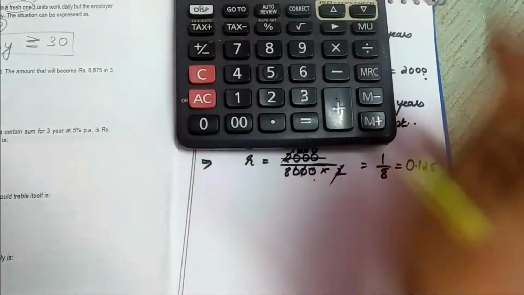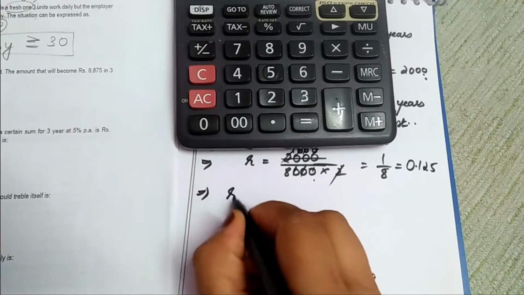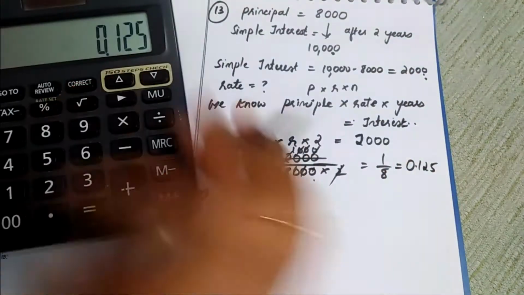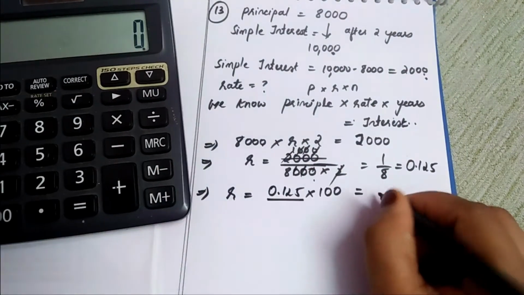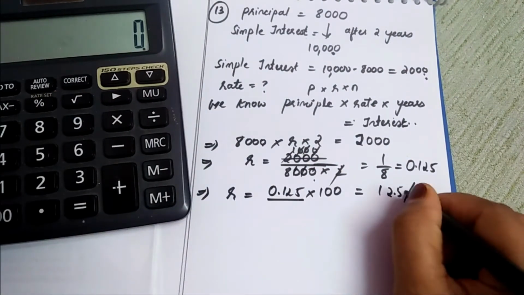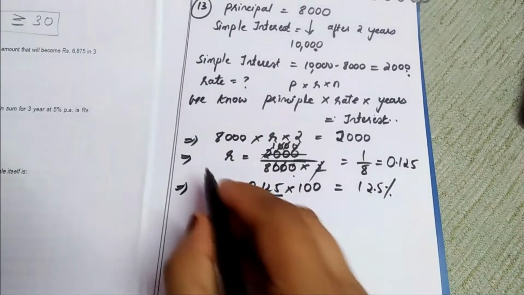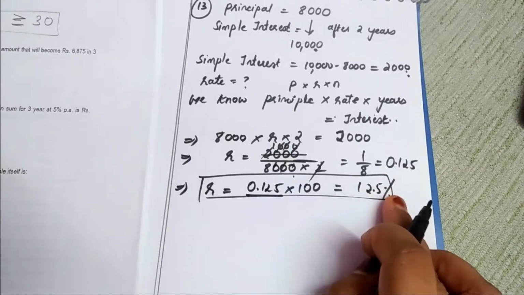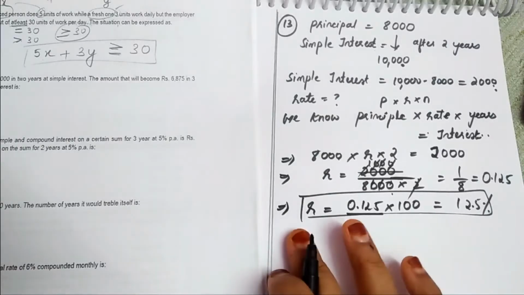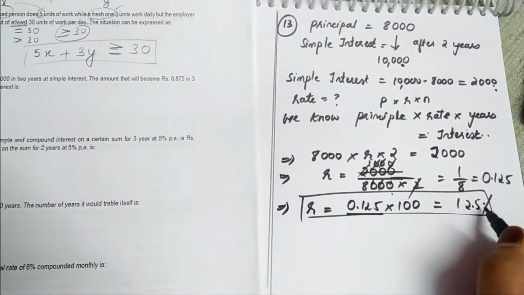That is the R value, 0.125, which is 12.5%. So we got a rate of interest as 12.5%.